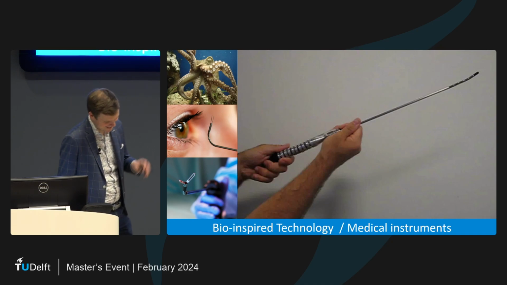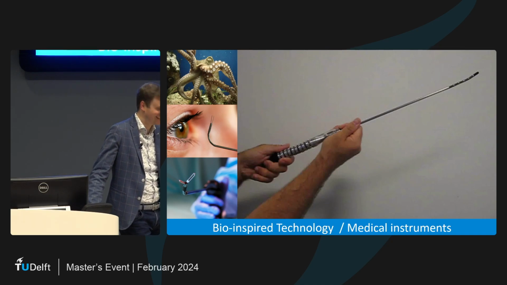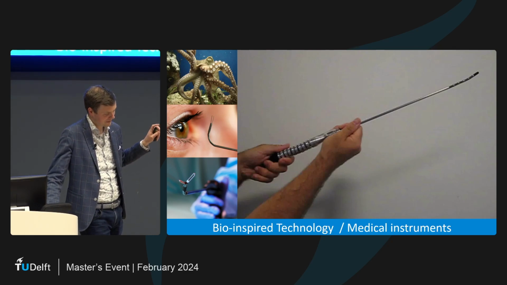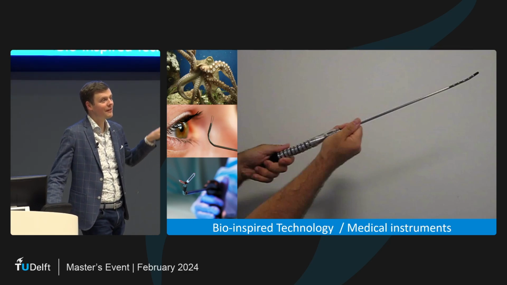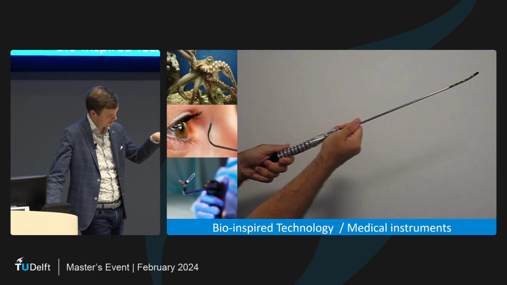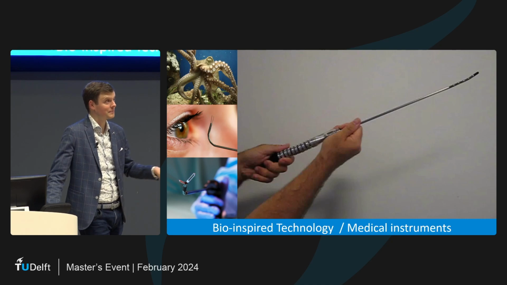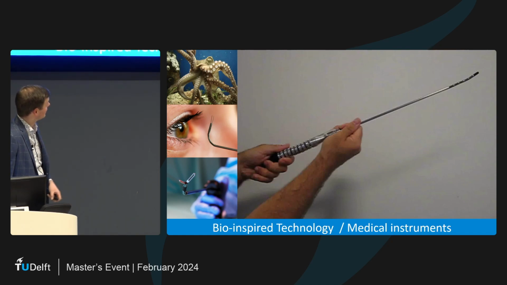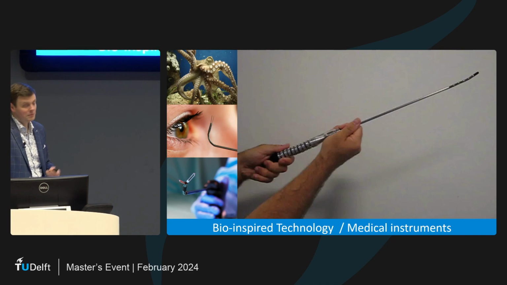Some of these wasps have a very long needle, the ovipositor, and they can put their eggs a few centimeters below the surface. This needle is entirely steerable, and recently our research group developed new needles based on that.